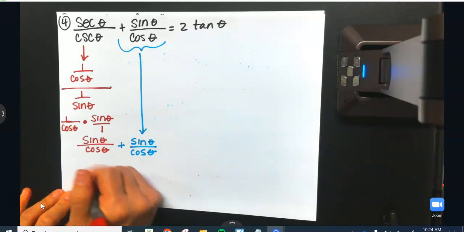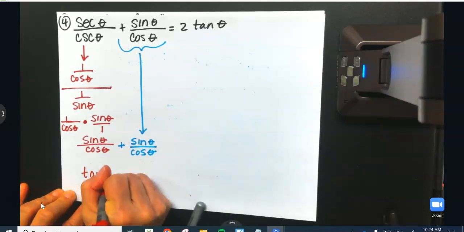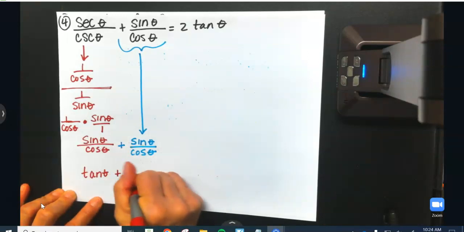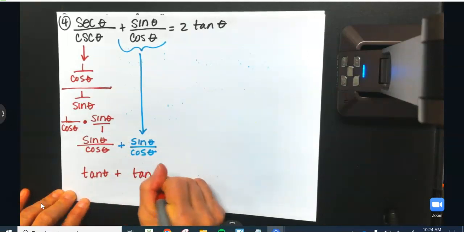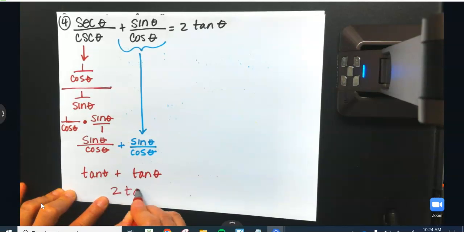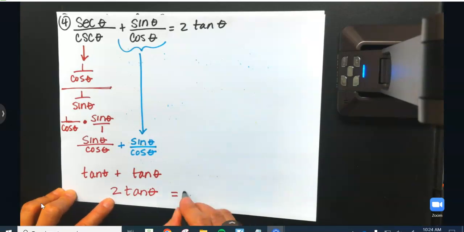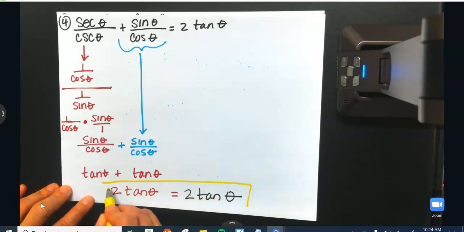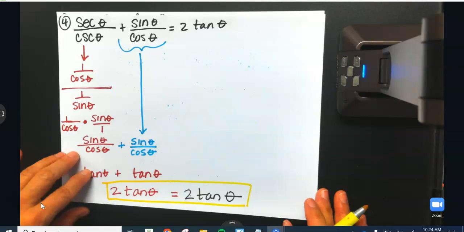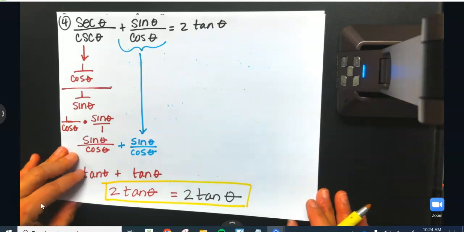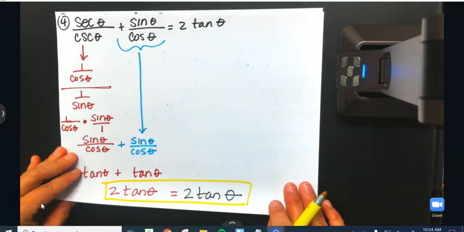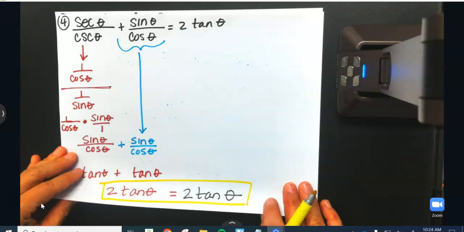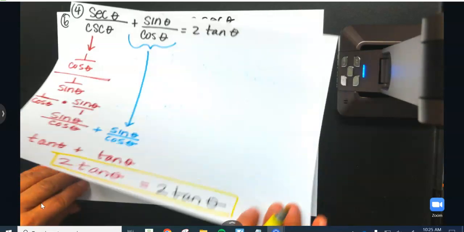So tangent theta plus tangent theta, those are like terms. So 2 tangent theta, we verified it, equals the right side, 2 tangent theta. Any questions on problem 4? We're about done.